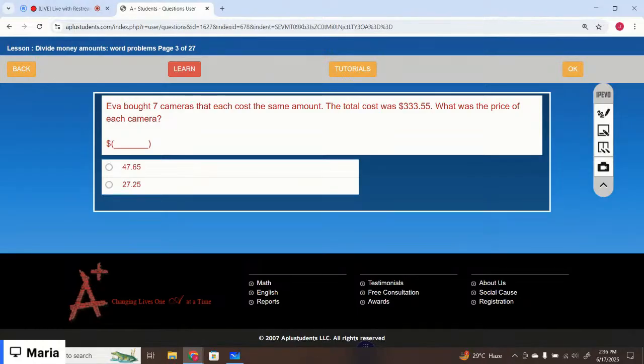What was the price of each? Option number 1 is the correct option that is 47.6.